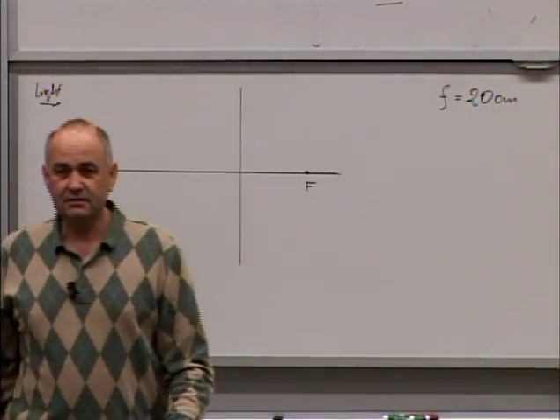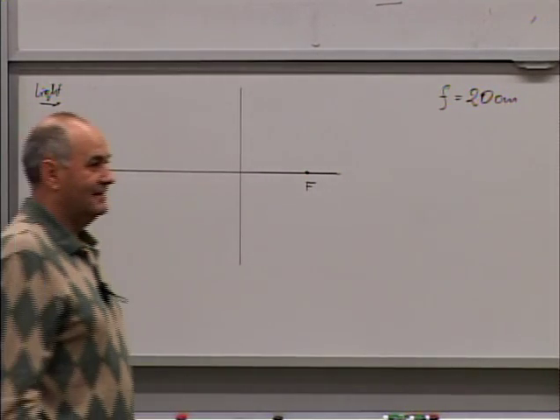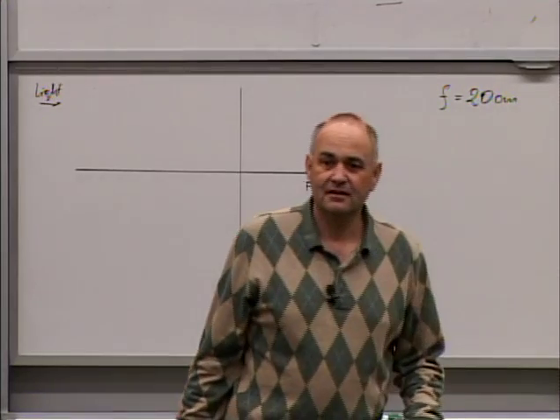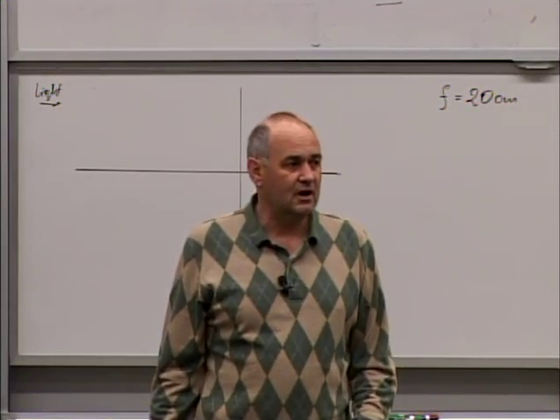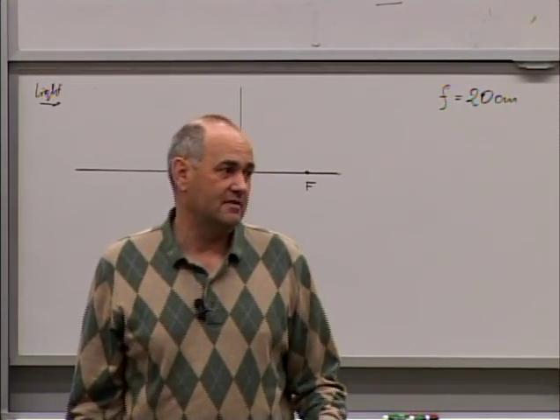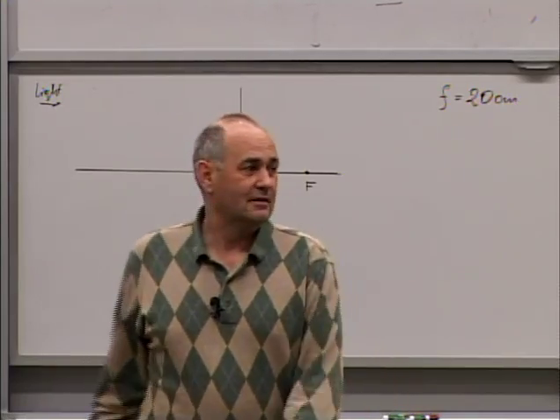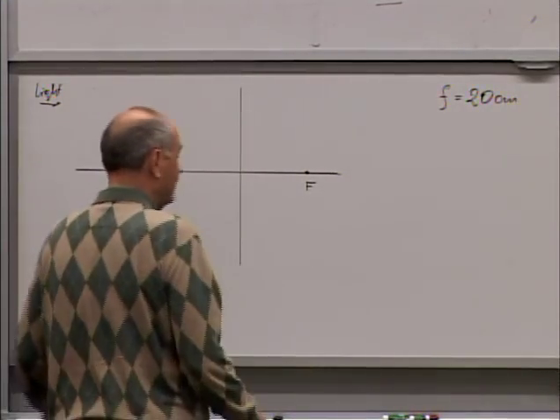Now I want to place somewhere a virtual object. Let's say at location 40 centimeters from the mirror. Where should I mark that object?